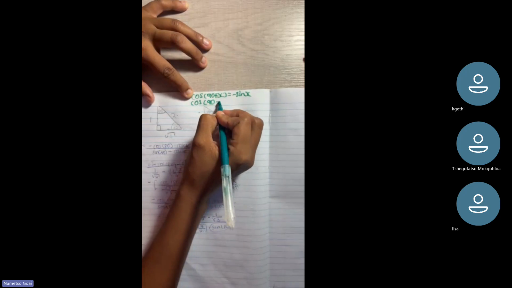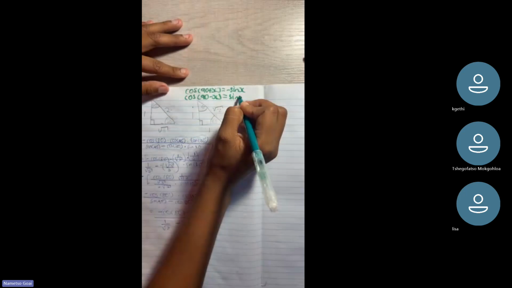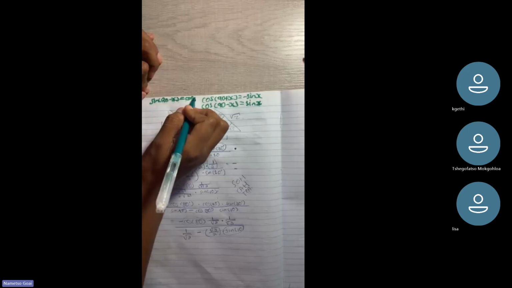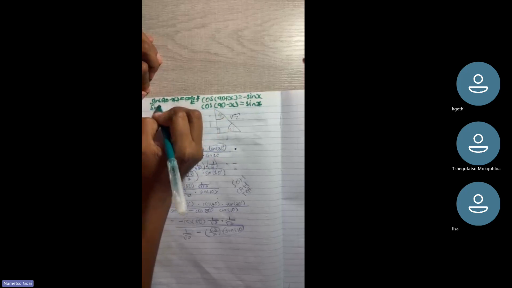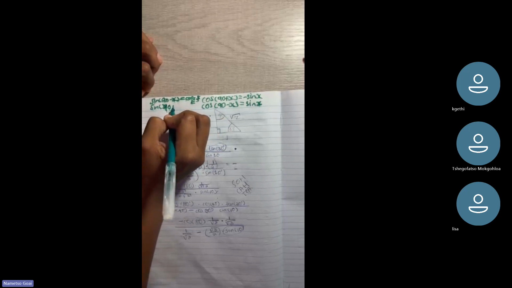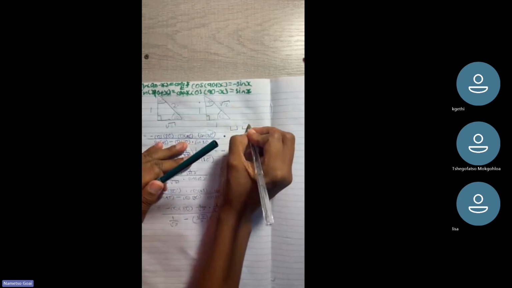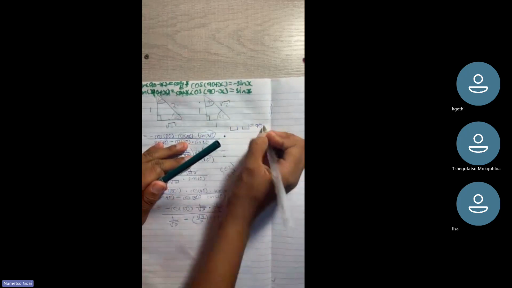Cos of 90 minus x gives you sine x. Similarly for the sines, sine of 90 minus x gives you cos x, and sine of 90 plus x gives you cos x, right? What I want you to realize is that complementary angles are just two angles that, if you add them together, give you 90 degrees.